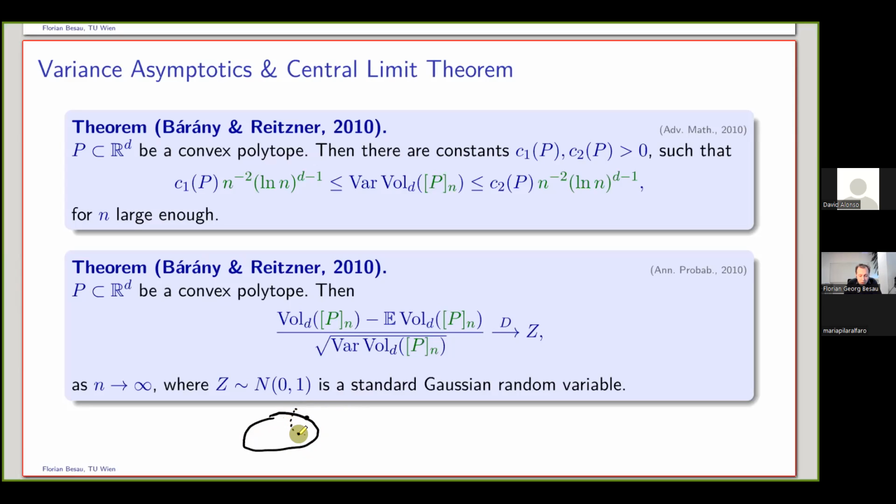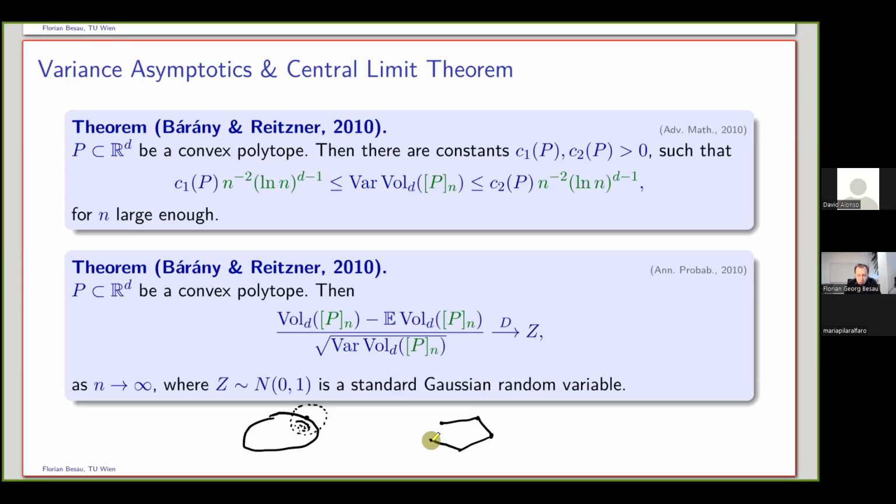This essentially means that if you take a small epsilon ball around the boundary point and consider just the random points inside this ball, then the complete random polytope, the convex hull, depends locally around this point only on the points inside this epsilon ball. So in every boundary point, you have a sort of localization property for the strictly convex, positively curved case.